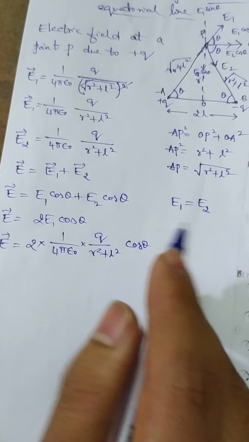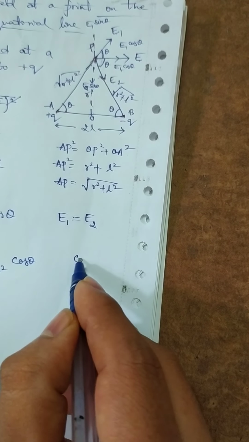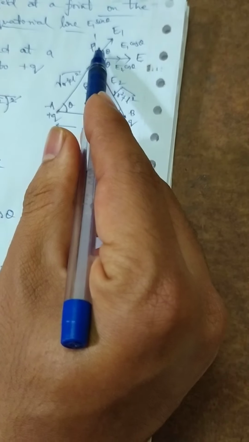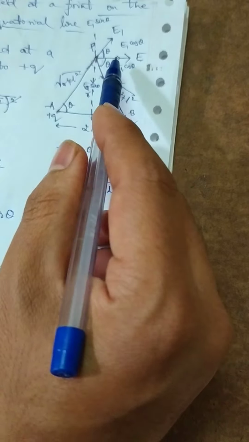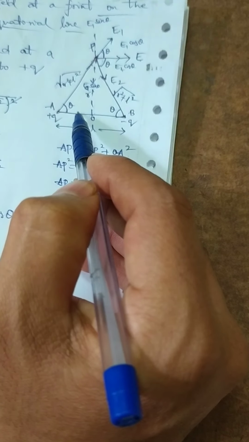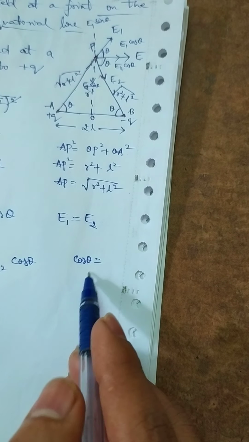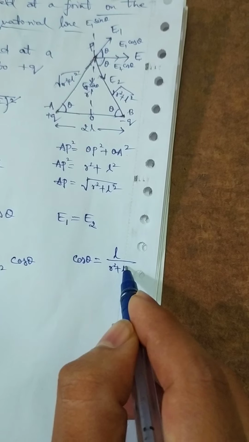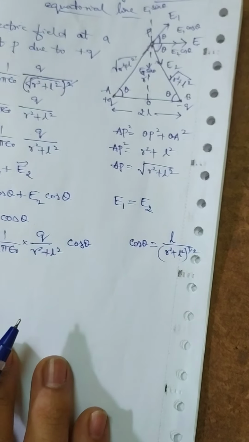Coming to cos theta, how are we going to find its value? Take the triangle AOP, according to trigonometry. Cos theta is adjacent by hypotenuse, which is L divided by R square plus L square to the power of 1 by 2. So this is the value of cos theta.